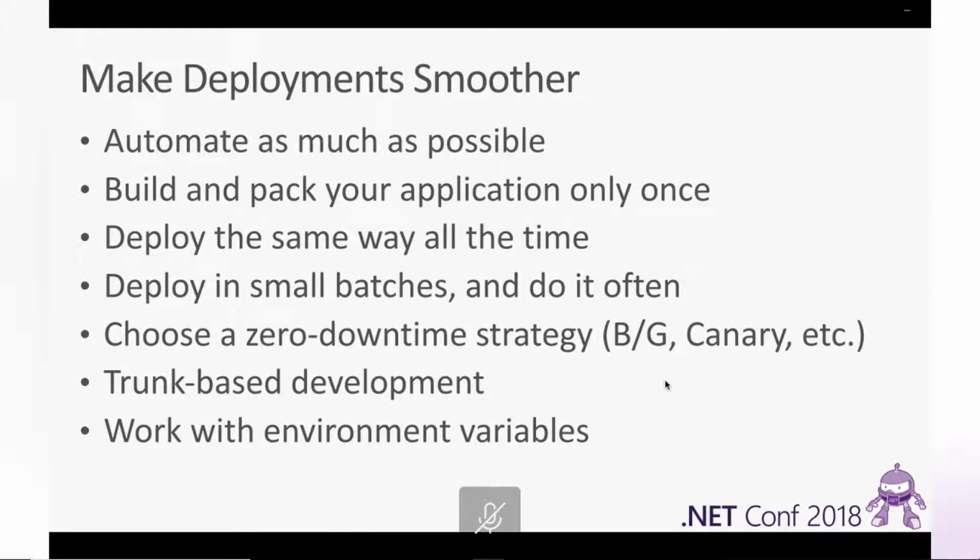Deploy in small batches and do it often. This sounds really easy, and actually it is. But what if I haven't finished a feature, or if my code is having problems? Well, there are some strategies that you can implement in your code called feature flags.